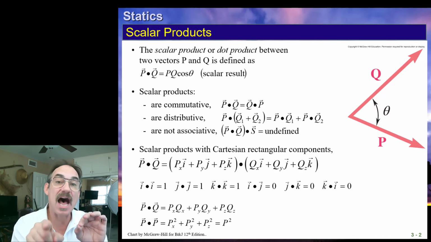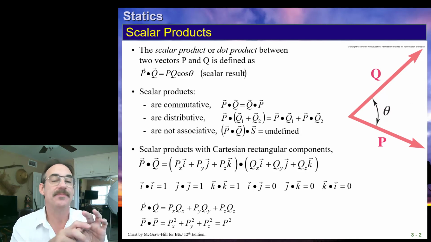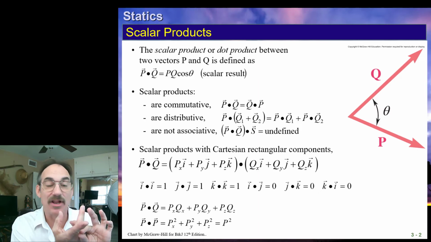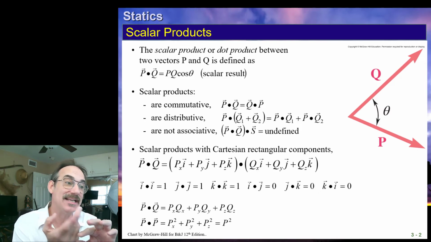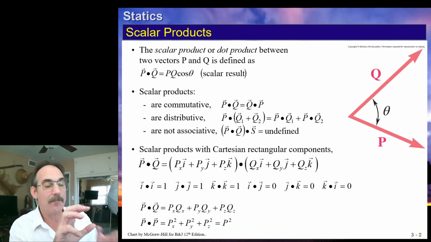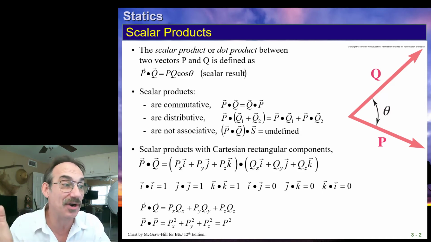However, if we have I dotted with J, what this means is I is in the x direction, J is perpendicular to that. The cosine of 90 degrees is 0. So the magnitude of I, which is 1, the magnitude of J, which is 1, times cosine of 90 degrees, which is 0, that's 0.